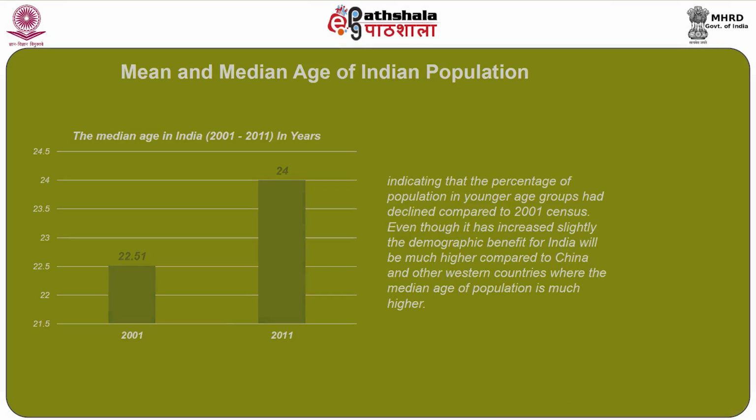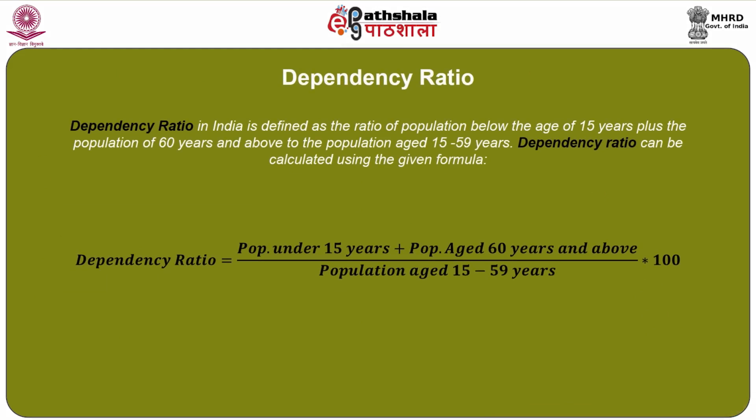Dependency ratio. Dependency ratio in India is defined as the ratio of population below the age of 15 years plus the population of 60 years and above to the population aged 15 to 59 years. Dependency ratio can be calculated using the given formula.